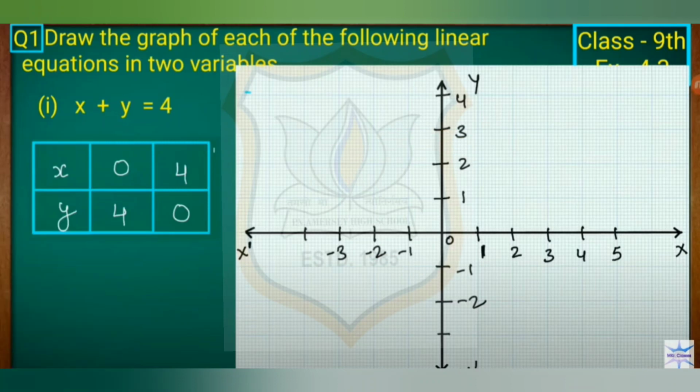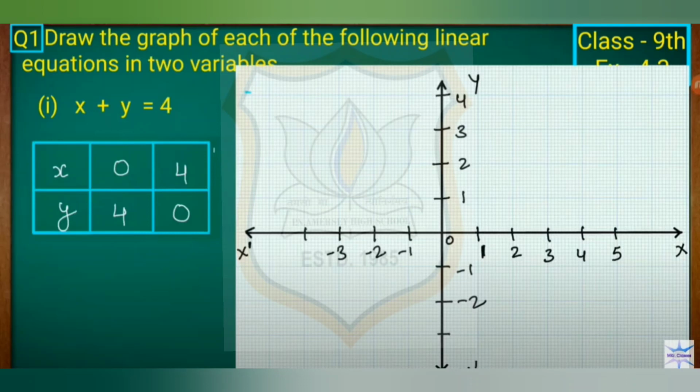Here I have drawn the x-axis and the y-axis. First I plot the x-axis and then the y-axis. Here is the x-axis and here is the y-axis. 1, 2, 3, 4 on the positive side, and minus 1, 2, 3 on the negative side.